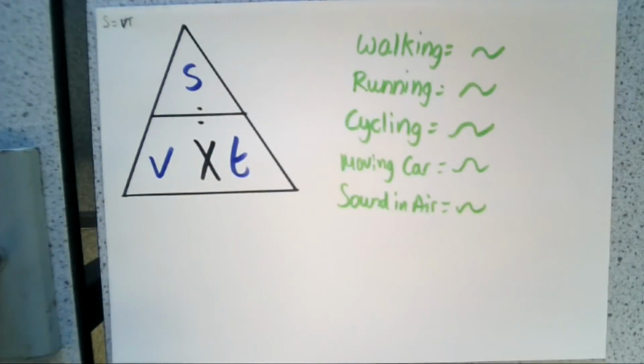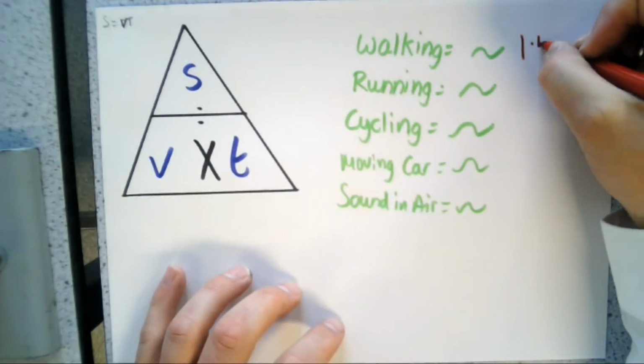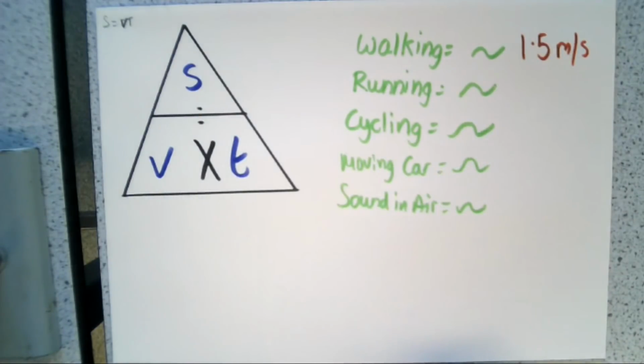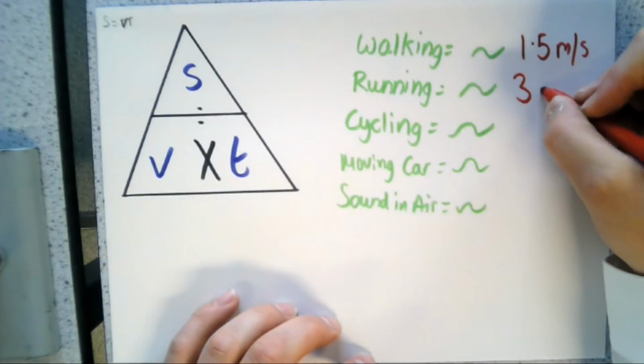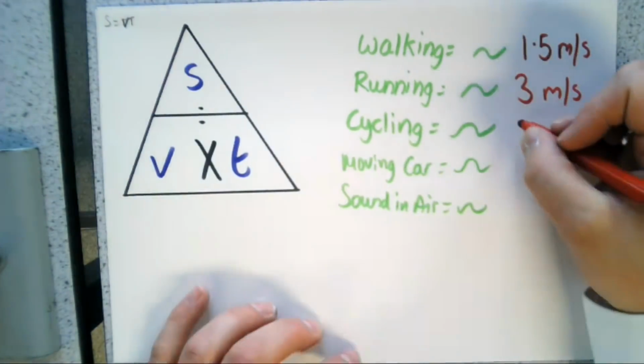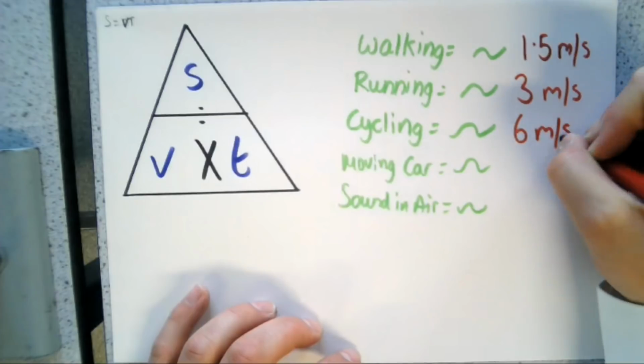So it's an average, or an approximate speed. The approximate speed for someone walking is approximately 1.5 meters per second. The approximate speed for someone running is 3 meters a second. The approximate speed for someone cycling is 6 meters a second.